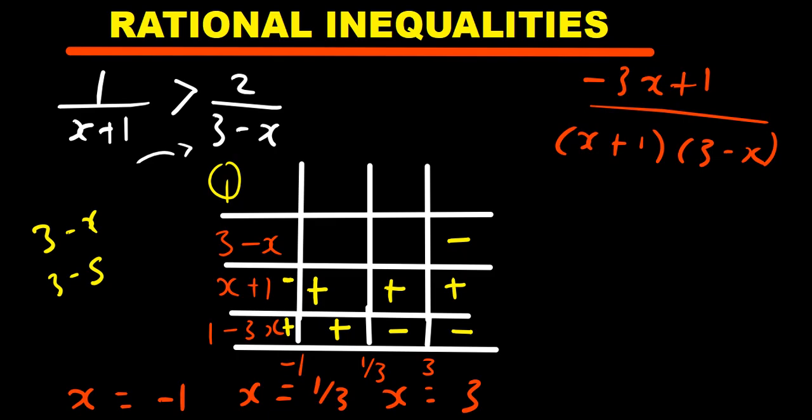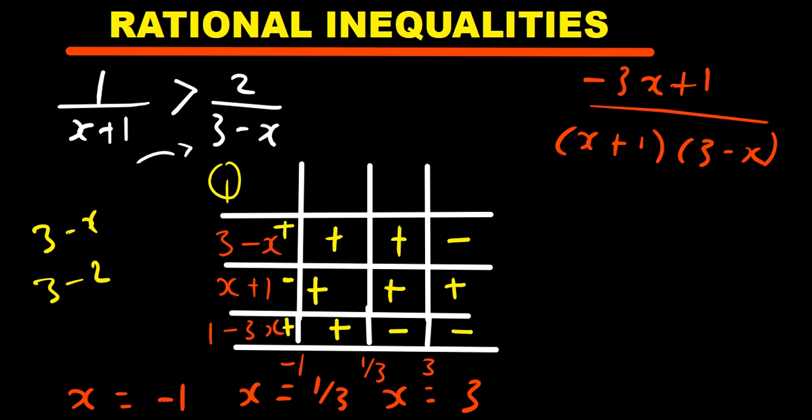If we take any number less than 3, let's say 2, we'll get a positive number. So this one will be positive, and all these ones will be positives, like that.